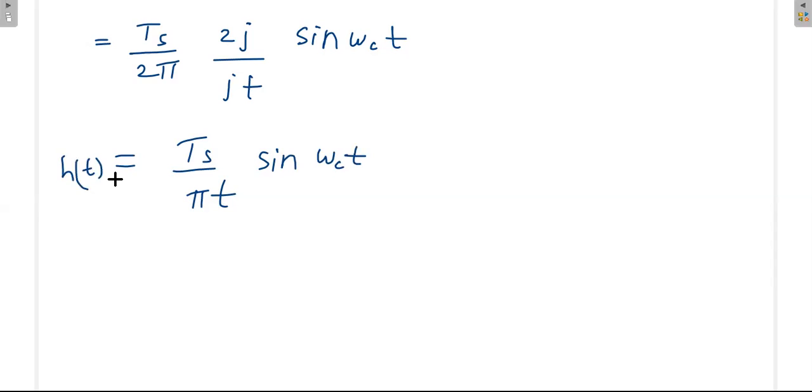Now we have to modify this to a sinc format. Pi is already there.